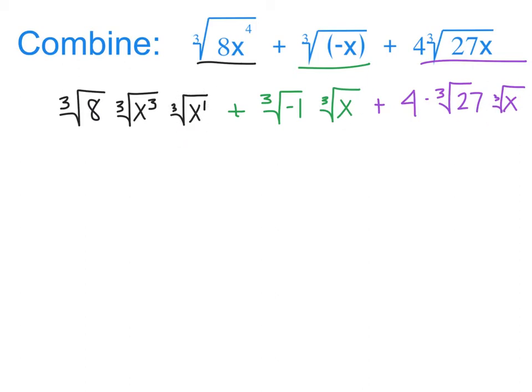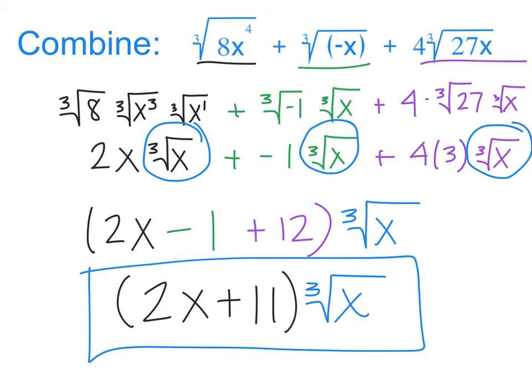So I'm going to take this out and then simplify the rest of it to combine all my like terms. So in the end, what I've done is I've taken all these out. I kept my 2x minus 1 plus 12. I simplified that to 2x plus 11, in parentheses, all multiplied by the cube root of x.